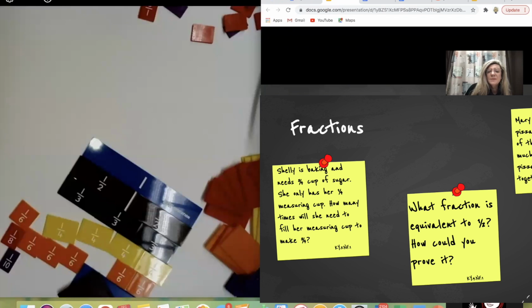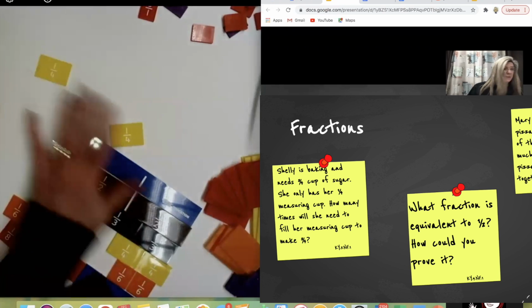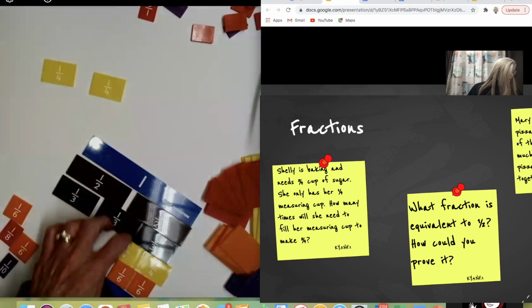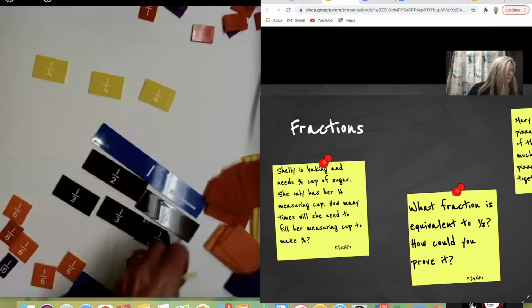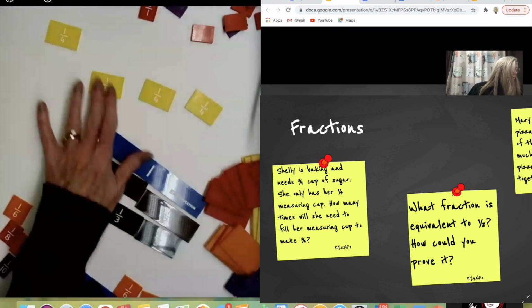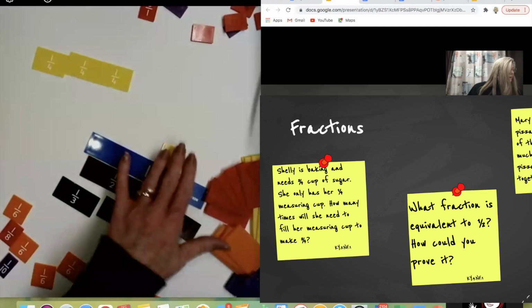So how many times will she need to fill her measuring cup to make 3/4? So you can have the kids think about how many, pull out their 4ths. So these can represent the measuring cup. And how many would you need to make 3/4? We got 1, 2, 3, and they can line those up and they can look at it. They can put them together.